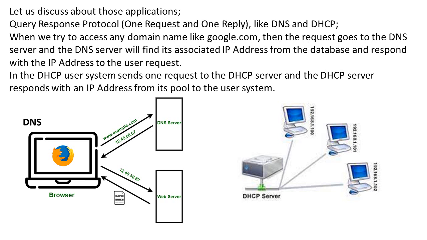In DHCP, the user sends one request to the DHCP server and the DHCP server responds with an IP address from its pool to the user system.